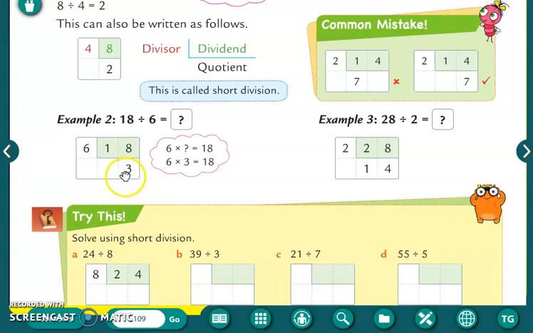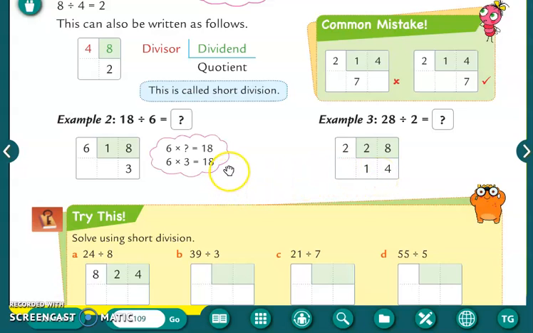So you will give the answer 3. And remember, you have to write 3 here at the ones place. Don't write on the tens place. So the answer will be 3. Third example, 28 divided by 2. So 28 divided by 2, the answer will be 14.